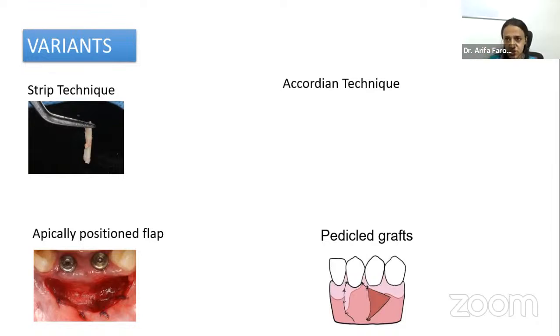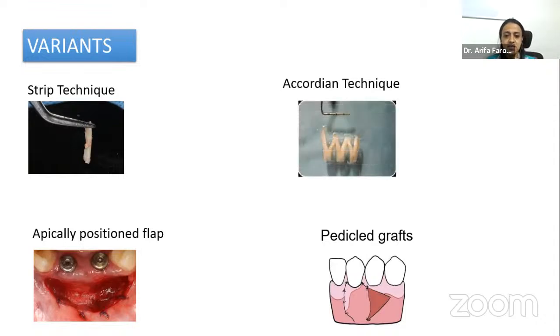Another variant is the accordion technique, in which alternate incisions are given on the free gingival graft and it is then spread. So a small free gingival graft can be spread and used for a larger site.